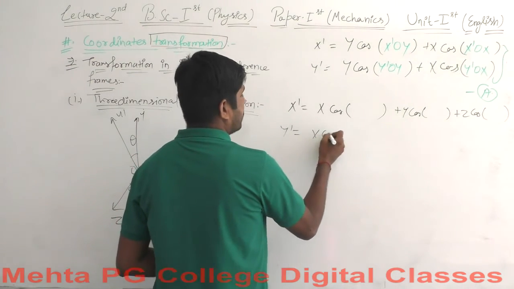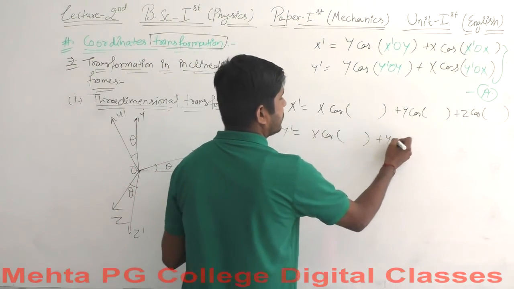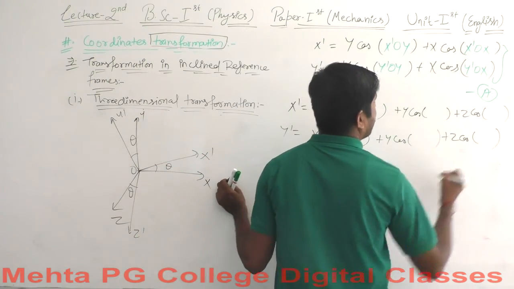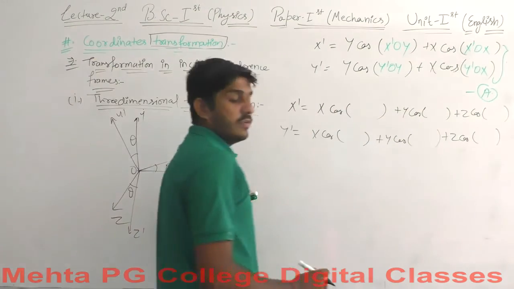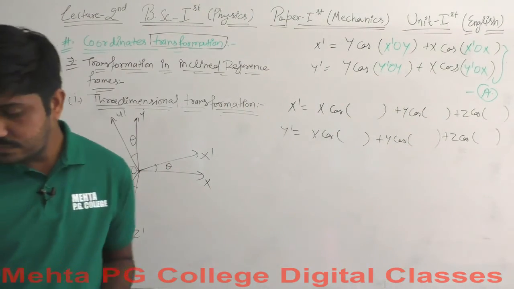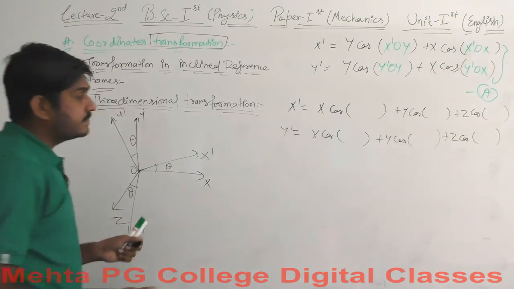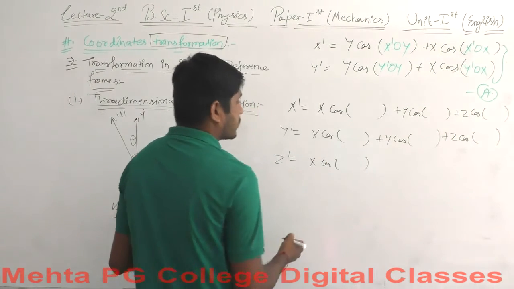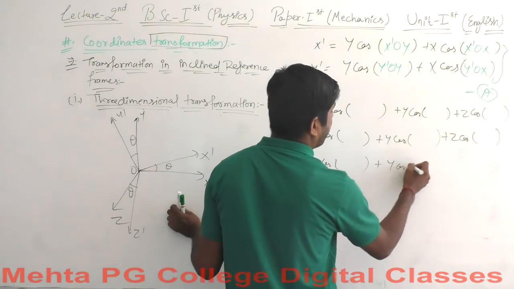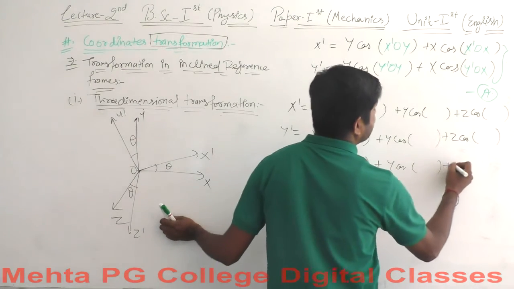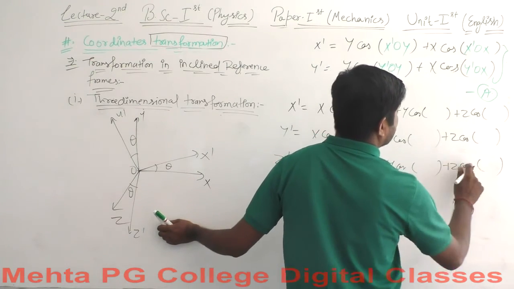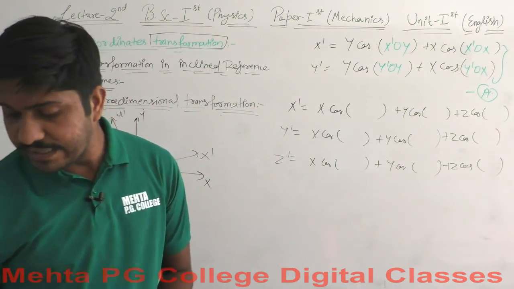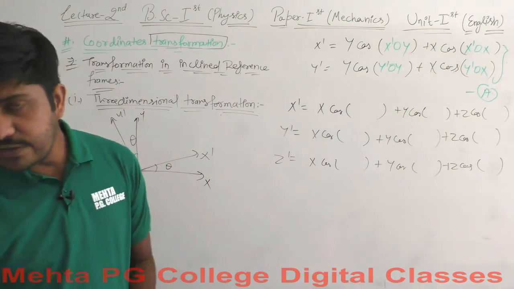y dash is x cos of plus y cos of plus z cos of. One quantity should be negative here. z dash is x cos of some angle plus y cos of some angle plus z cos of some angle. So what should be the values of the angles here? I am filling them in step by step using our previous example.